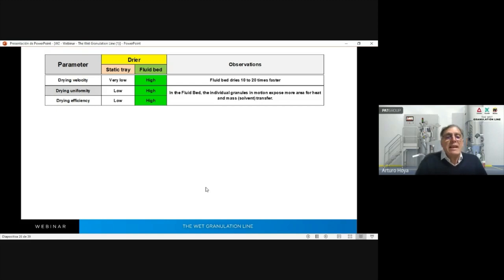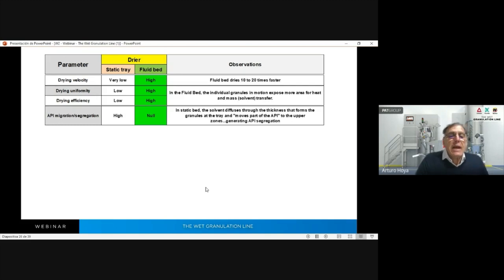So this gives more uniformity and more efficiency. This is another very important question. API migration segregation is high in the static tray and is null, is 0, in the fluid bed. Why?